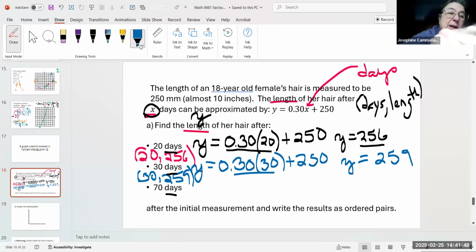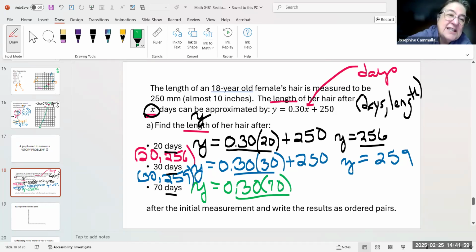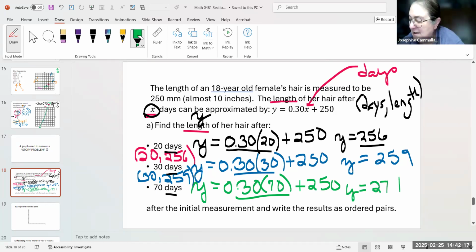Well, my last one is going to give me y is equal to 0.30 times 70. Now, this is going to give me 21. Okay, 70 days. 21 plus 250 is going to give me 271. Huh?